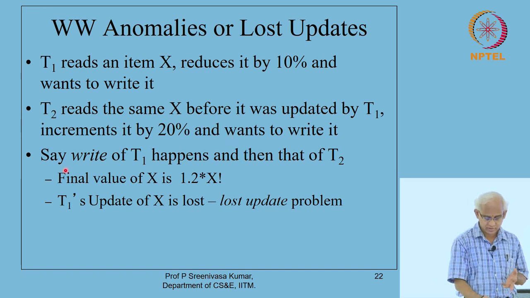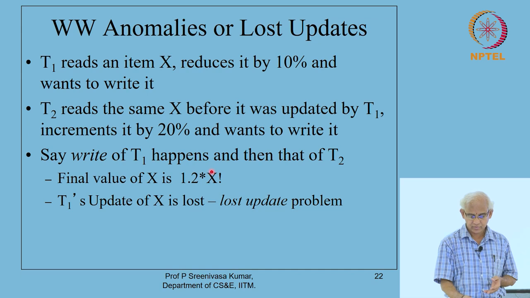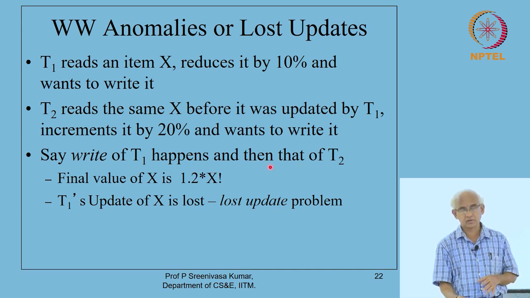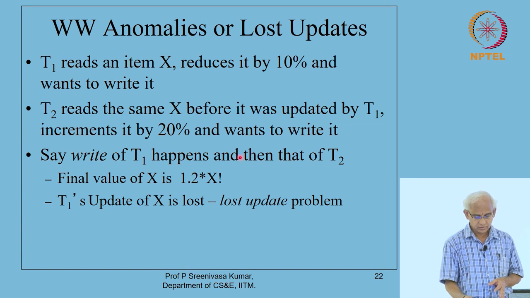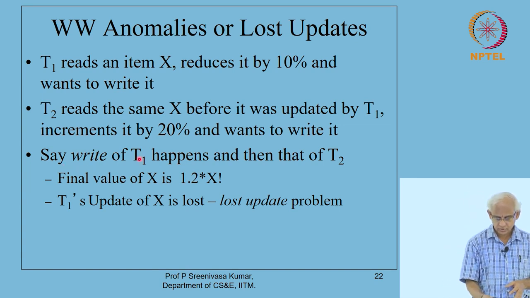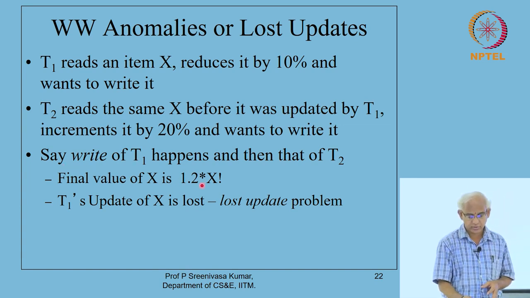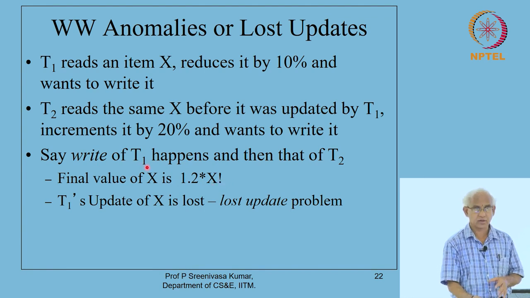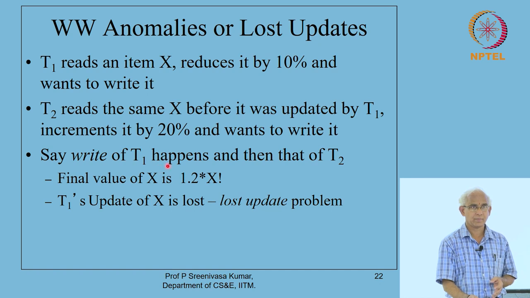Whichever write happens first will actually lose. Say the write of T1 happens, and after that the write of T2 happens. So the final value is 1.2 times X only. Whoever has written first has lost its update.